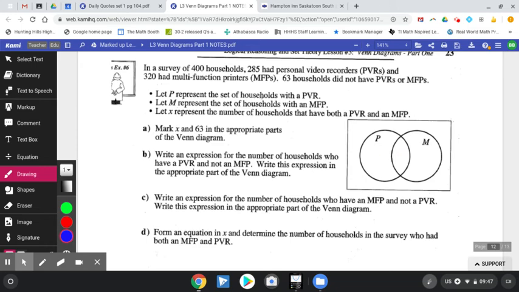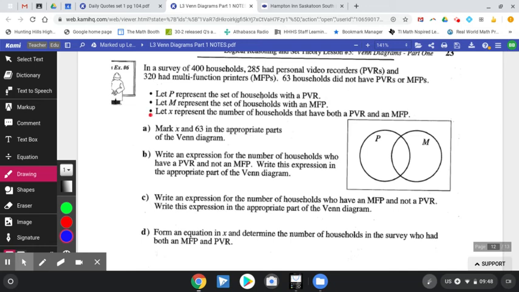It says let M represent the set of households with an MFP. So in this circle, these 2 sections together, we will have a total of 320. And then 63 households did not have a PVR or a multifunction printer.